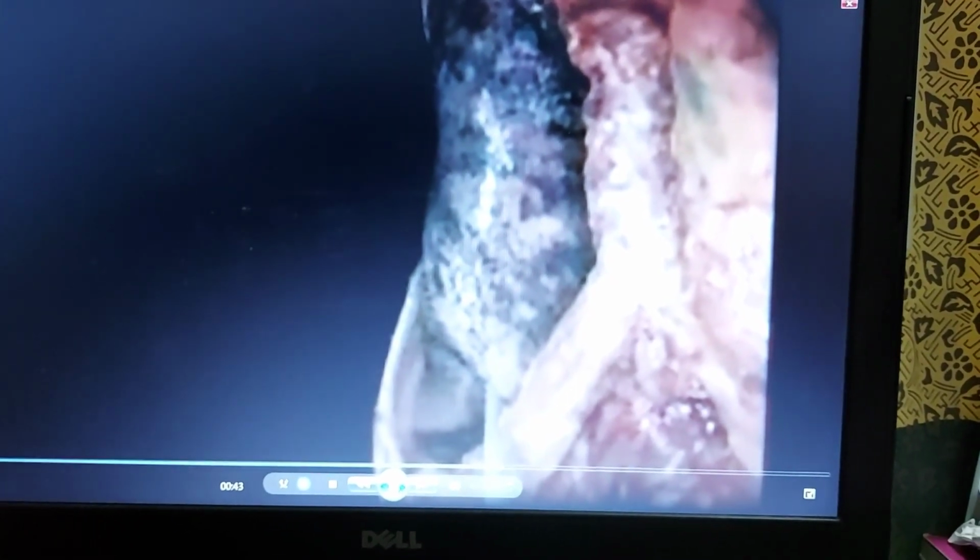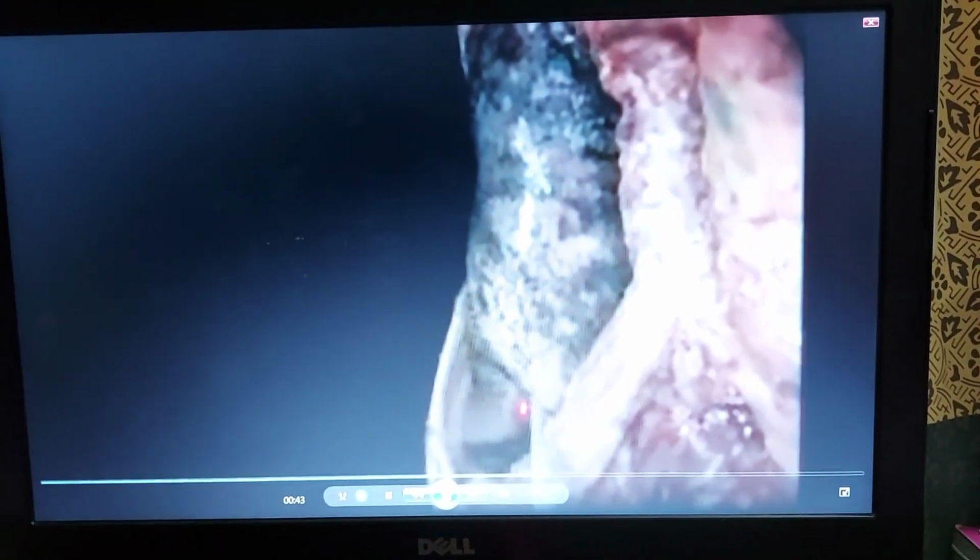There is a glistening surface in the lung as well. So these two surfaces are covered by the pleura. This is the pleura.